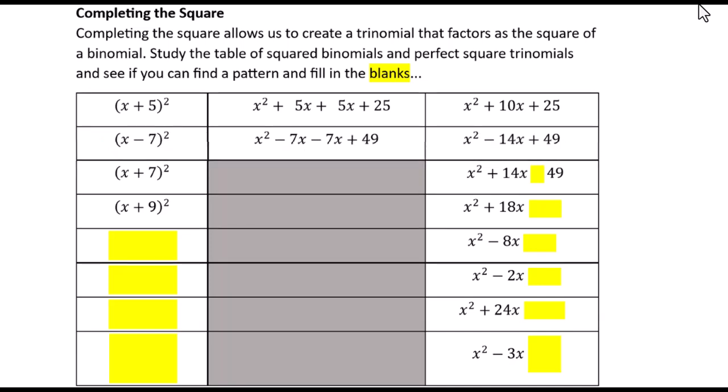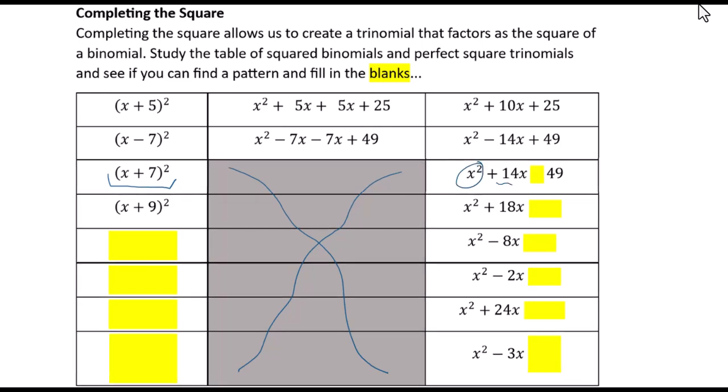Next, I have x plus 7 quantity squared. Let's skip this part and see if we can make it to the perfect square trinomial now without actually multiplying out the binomial. So x plus 7 quantity squared. I'm going to have an x squared.